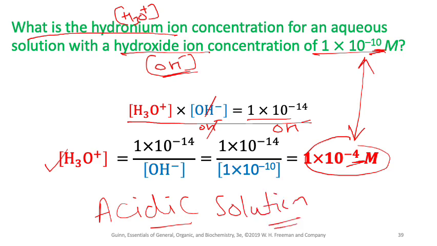Right, so this is how you can calculate if one of the species is given. If we ask you for the other species, like hydronium or hydroxide, you can solve using this autoionization of water equation. And you can also predict whether the solution is acidic or basic once you figure out the unknown and compare it with the given number. So you can predict the solution is acidic or basic.